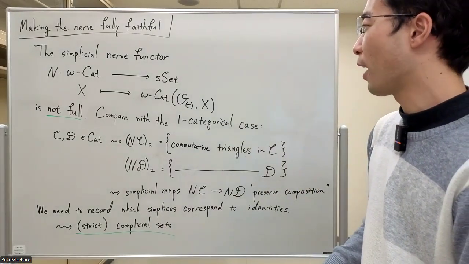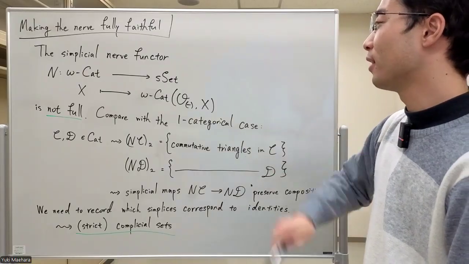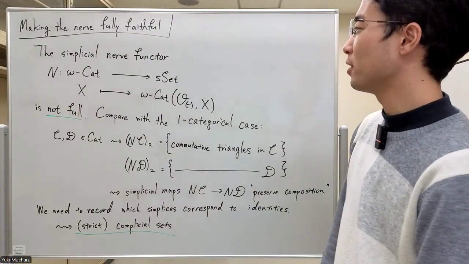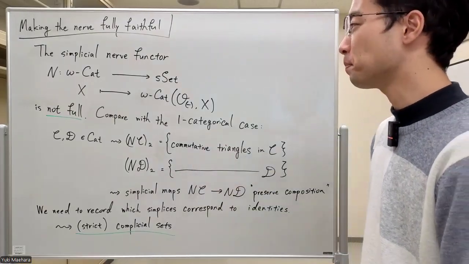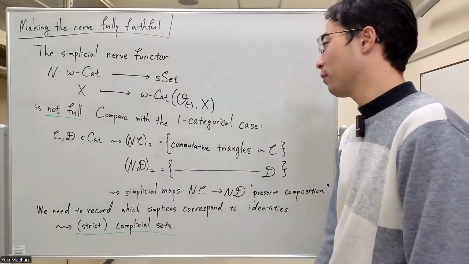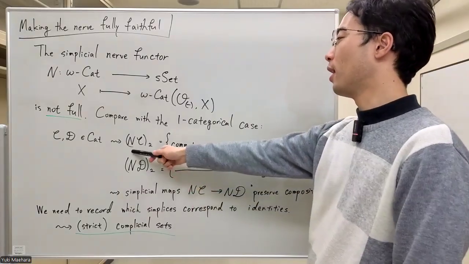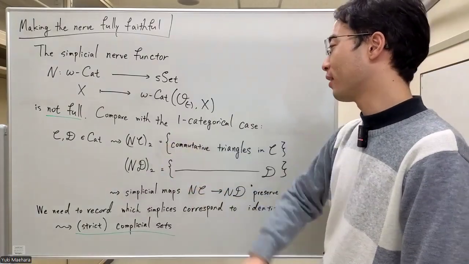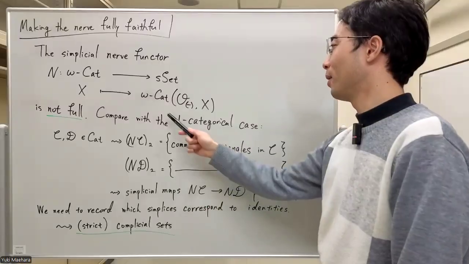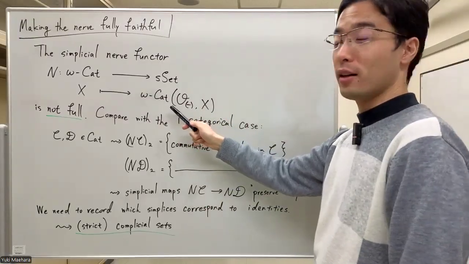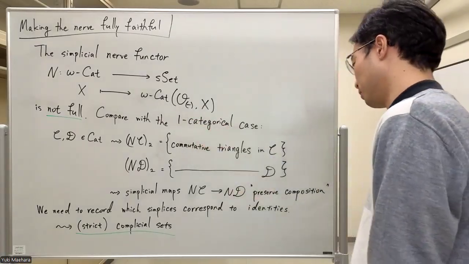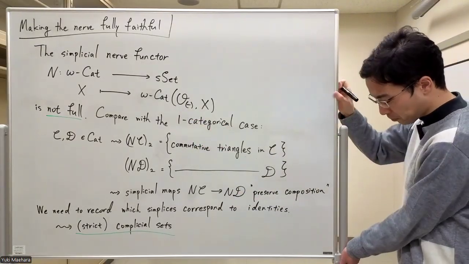Now, if you try to argue the same thing in the case of omega categories, or really for 2-categories or anything higher than one, if you look at the 2-simplices in the nerve of an omega category, they are, by definition, the omega functors out of O2 into your omega category.